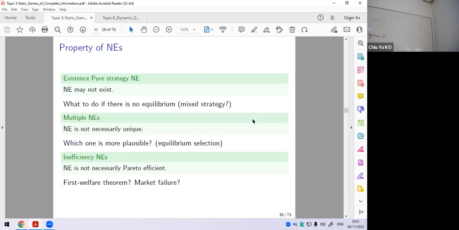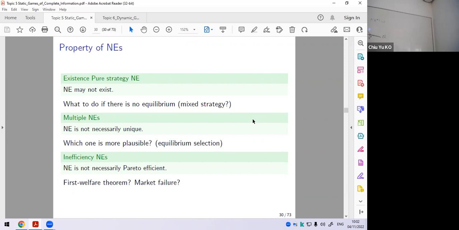Then obviously Nash equilibrium usually doesn't mean Pareto efficient. Actually we see that from the prisoner's dilemma, right? But anyway, as I mentioned, that is kind of a reason why the first welfare theorem fails in the general case.